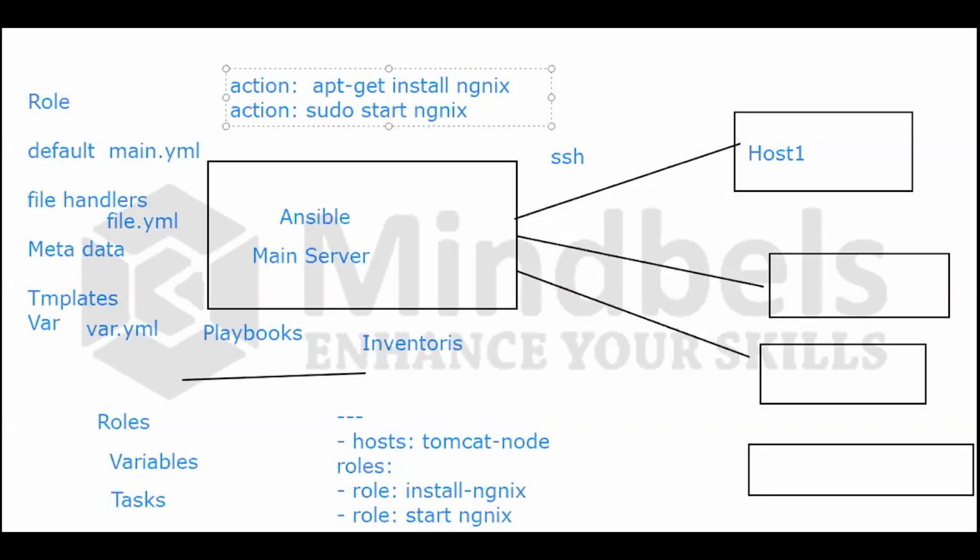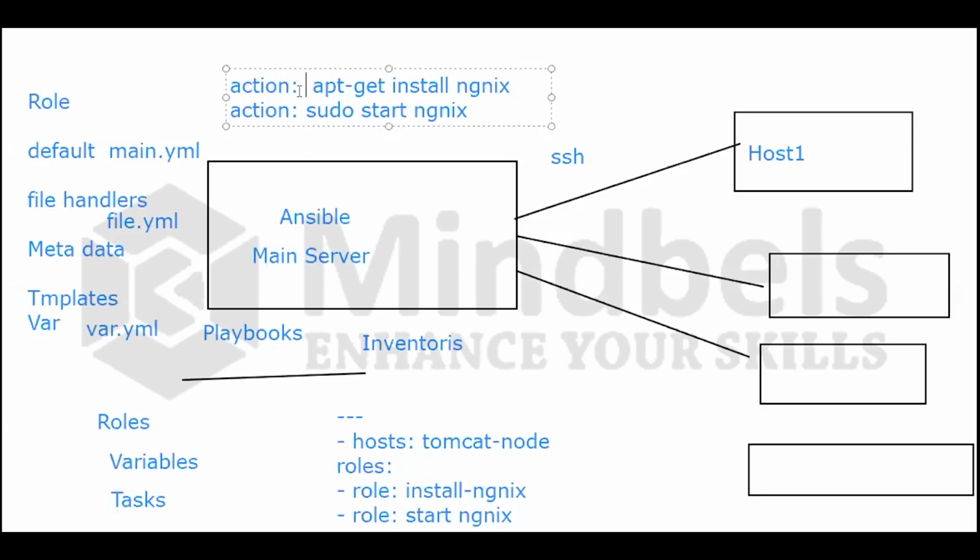So this is different. If we are doing this, we are giving different commands here. We have to do apt-get install Nginx. But if I define role install Nginx, it will go and install the Nginx, then start the Nginx.